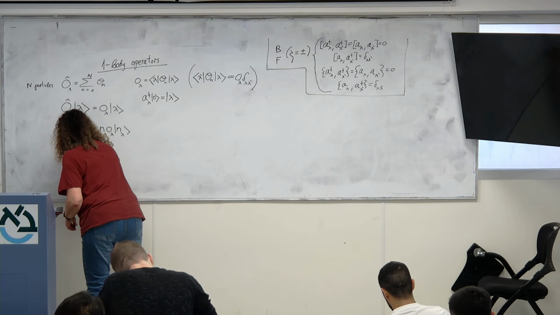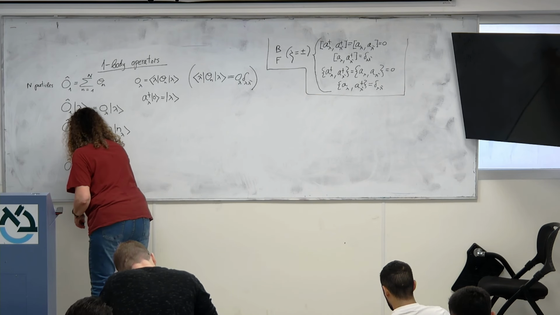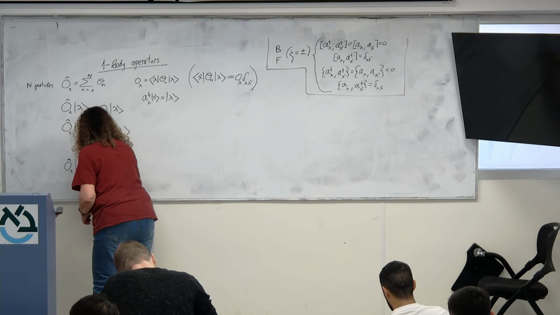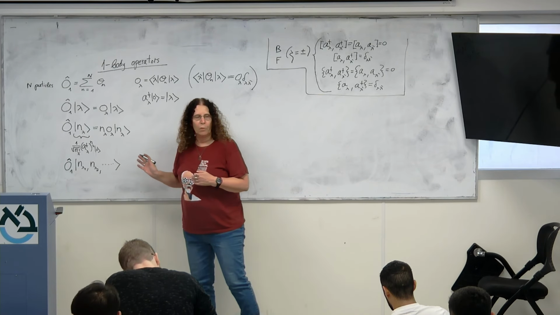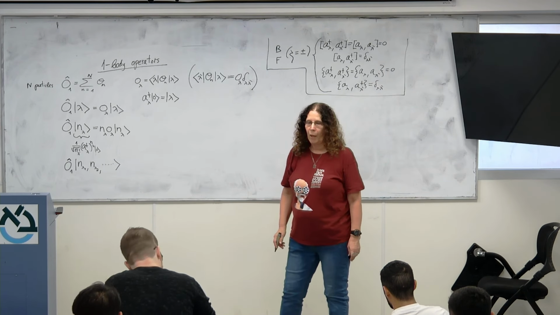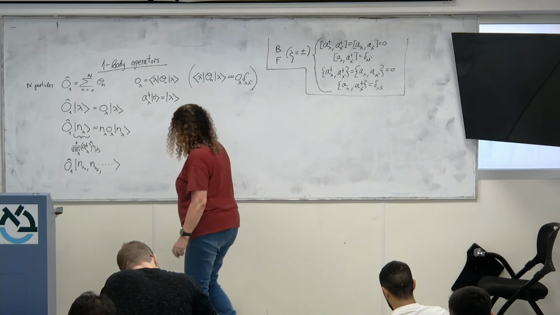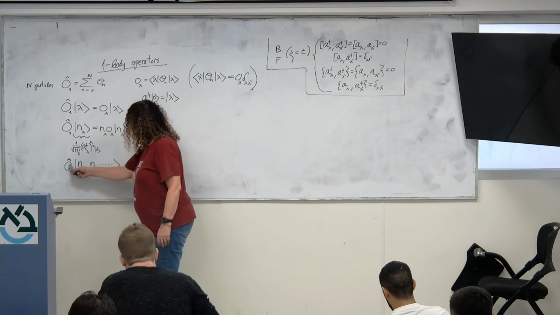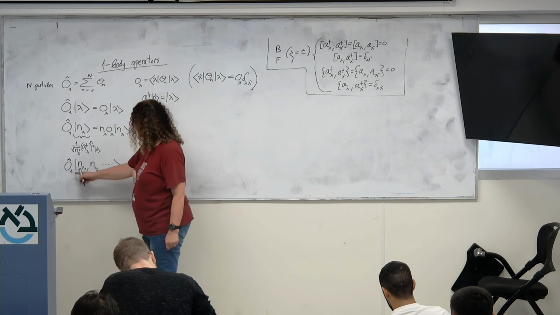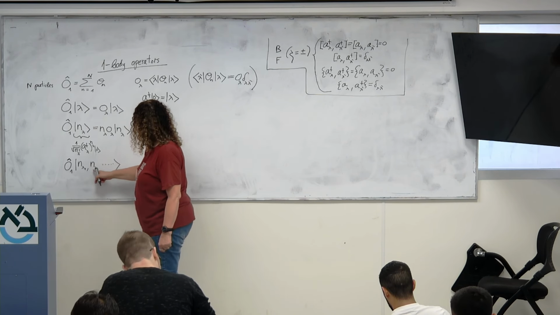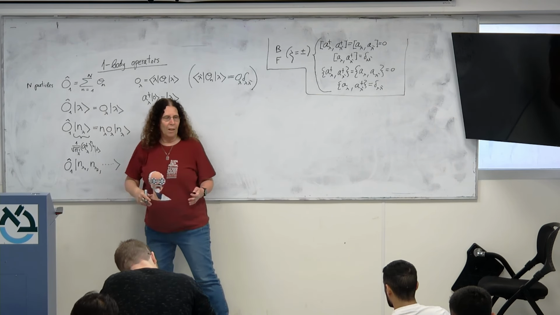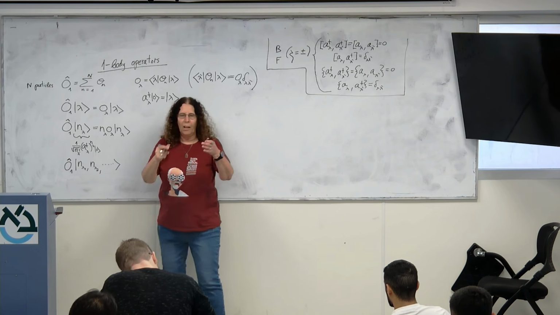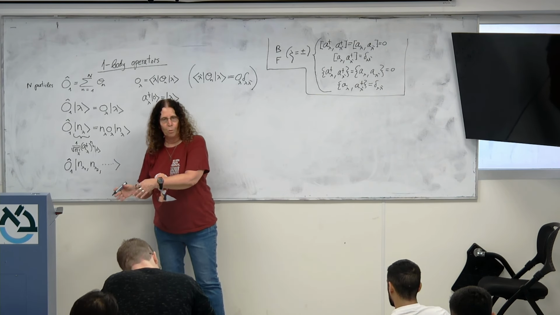If you act on a state that now is going to be more general, with some occupations of different quantum states, clearly, now among these capital N particles, I have n lambda 1 in state 1, n lambda 2 in state 2.